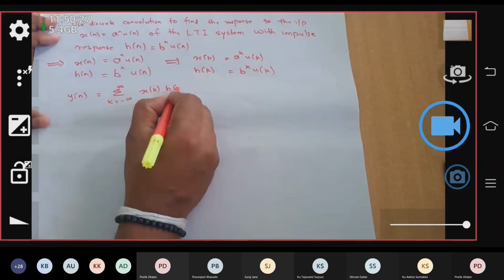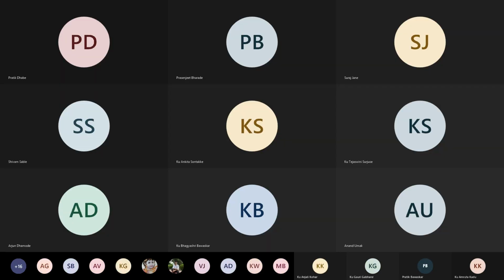Now I will try to see what this particular sequence gives me. We all know u of k is a unit step function, and u of n minus k is a folded and delayed unit step function. Naturally, since it is a unit step function, the magnitude is 1. It will not change the magnitude of the original sequence, it will simply change the limits of the sequence.